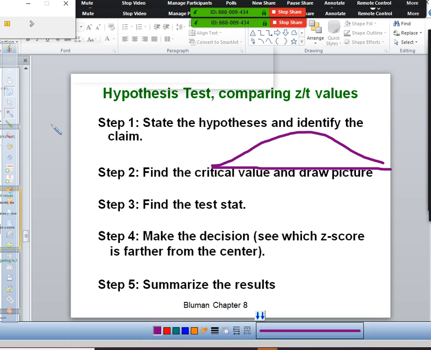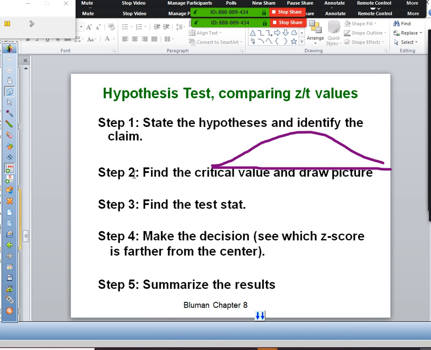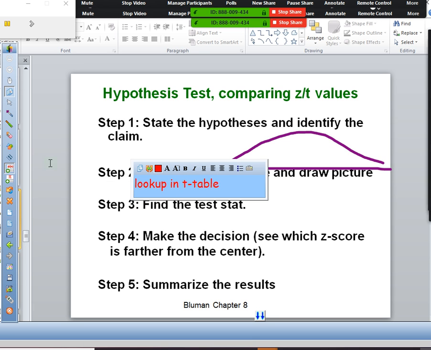So first one, step 1, I say the hypothesis and identify the claim. You guys have been doing that the last 2 classes. I feel like you're really comfortable doing that, hopefully. Step 2, find the critical value. You're going to do this by looking up in the t-table. And then it says draw a picture.